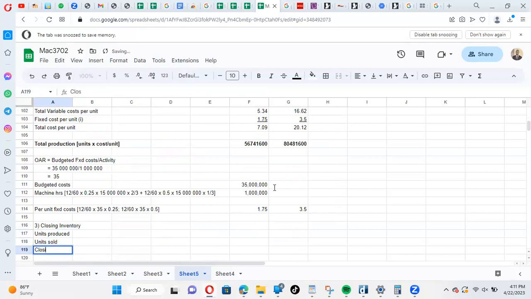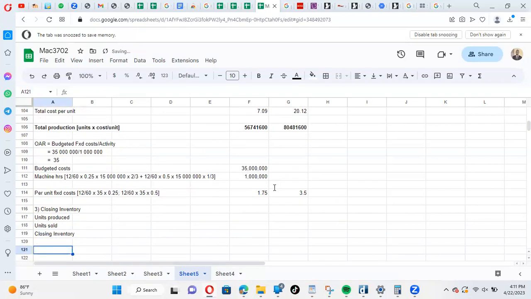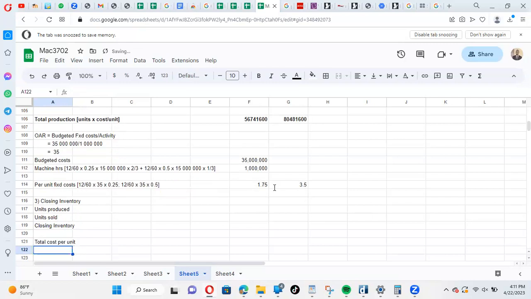There it will give us the closing inventory after we deduct that. Inventory, and then let's say cost per unit, like total cost per unit, which is that one there, which we just calculated. Right, so we're basically trying to be strategic on that.